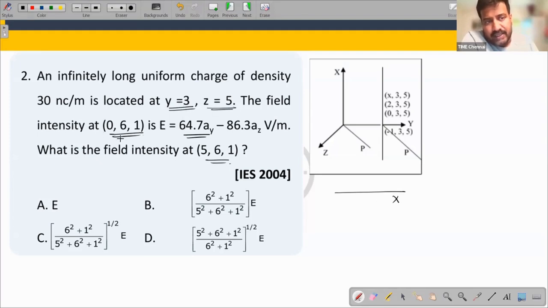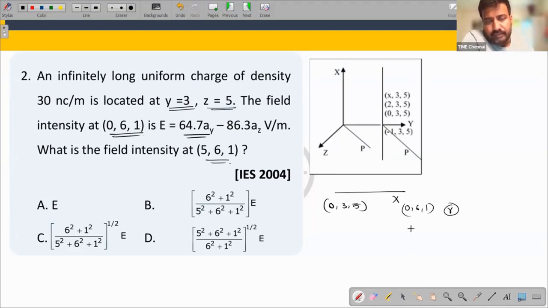The field intensity at 0, 6, 1 he wants. So, if you want to find it at 0, 6, 1, then the point on the x-axis will be 0, 3, 5, the source point. Destination point 0, 6, 1. You'll get some answer.